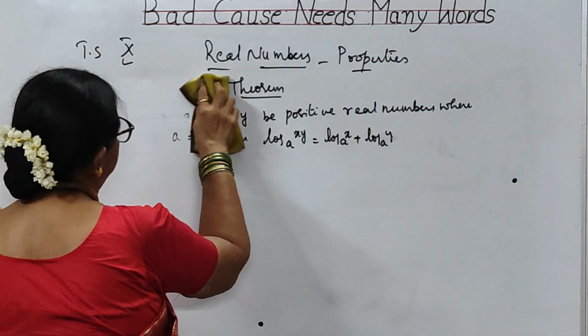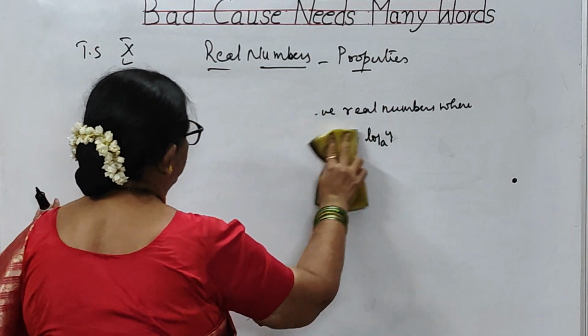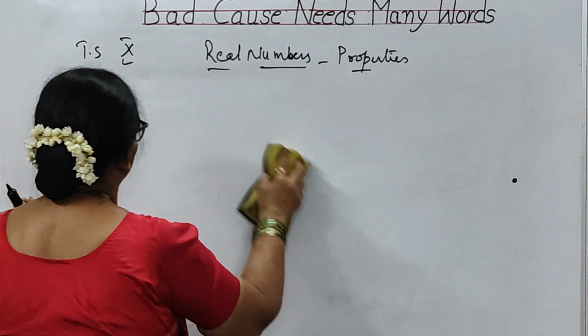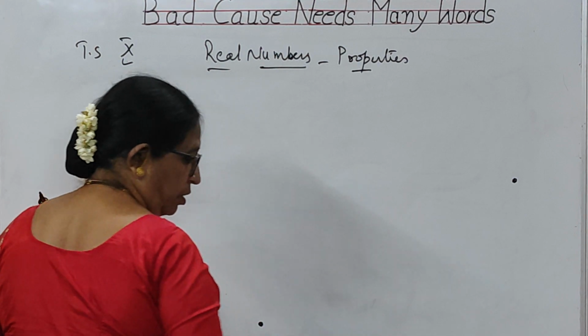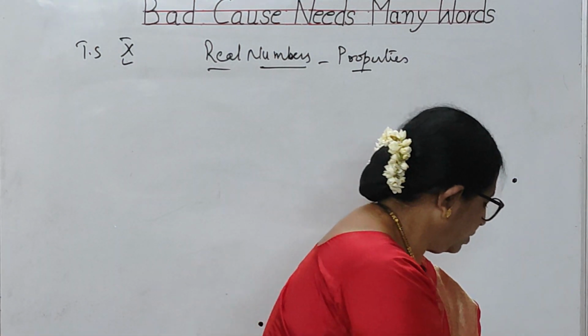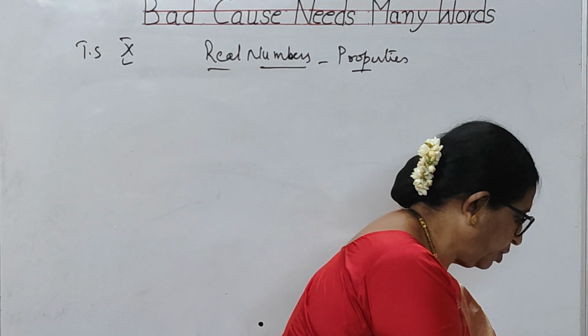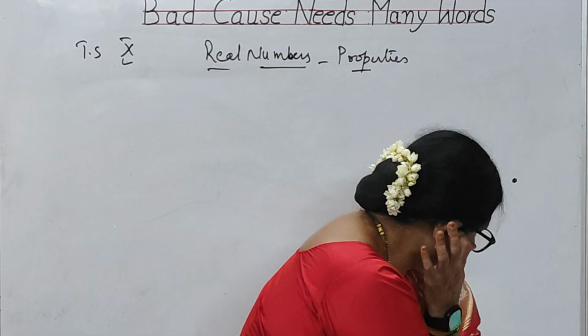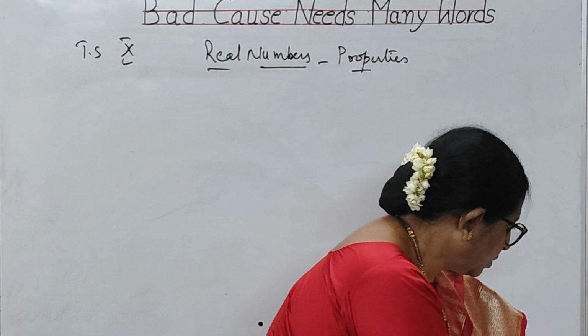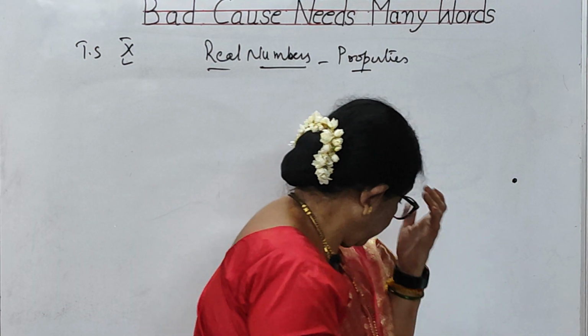Okay. Based on this product rule, you have some do-this problems, children. You have do-this problems in page, I think, 22.